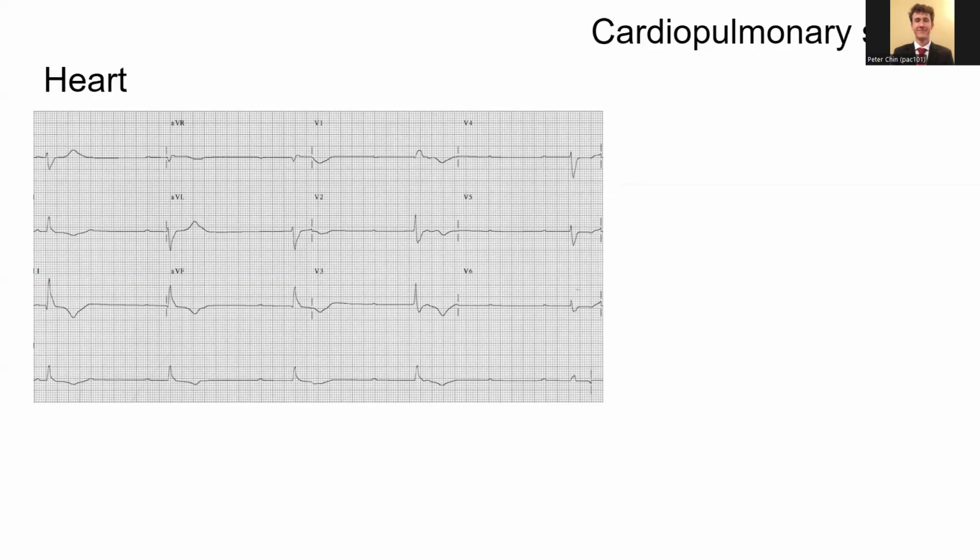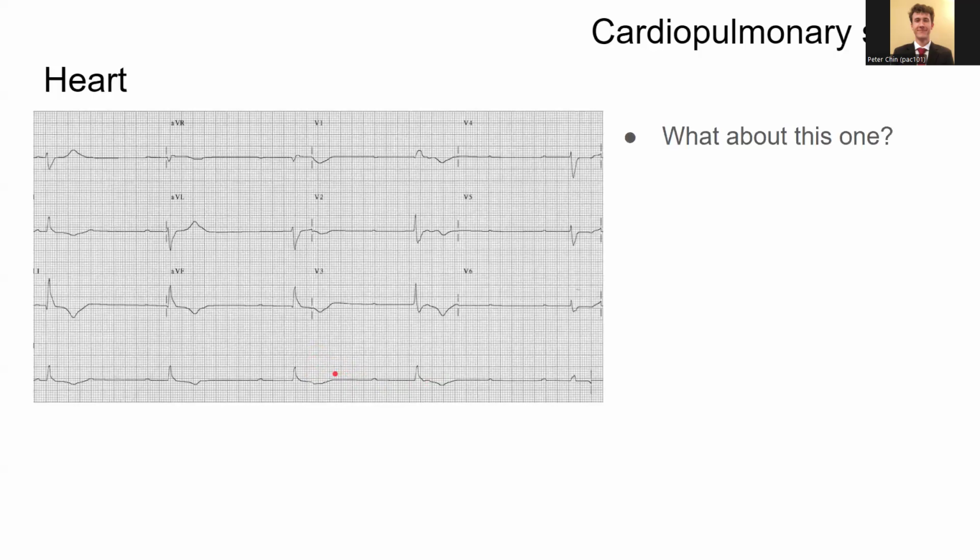You can do that, but 99% of the time on a question or a vignette, they'll give you the heart rate. So you don't have to calculate it based on the number of big boxes between QRS complexes, especially if it's an irregular rate, because then you have many different possibilities of where points to select. So you don't necessarily have to do that.